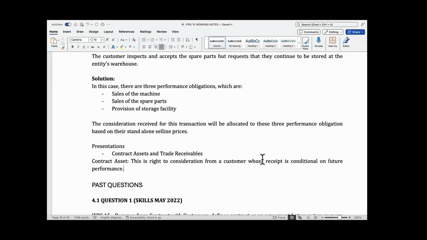In the sense that where you have transferred goods or service to a customer, you have done your part, but there is still some performance expected from you, like sending of invoice, something as trivial as sending of invoice.